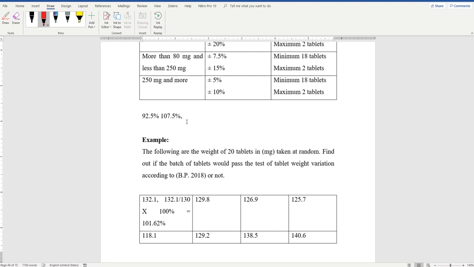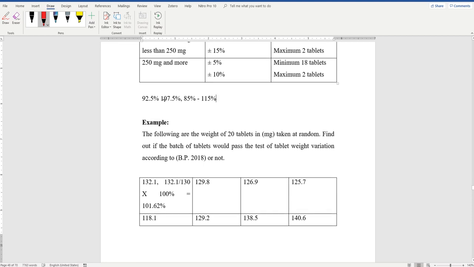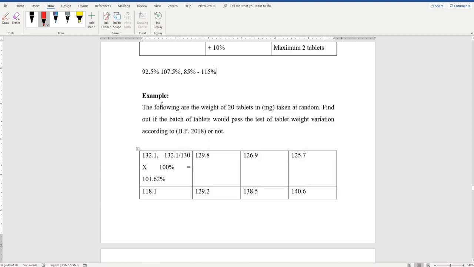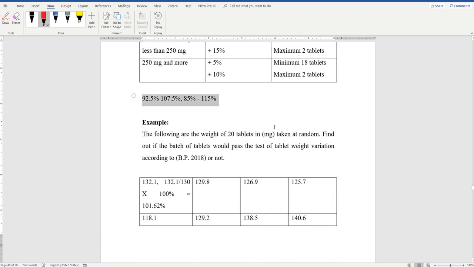What would be double the range? From 85% to 115%. Okay, so that's how you answer this question. Then you tell me whether it passed the test or not.